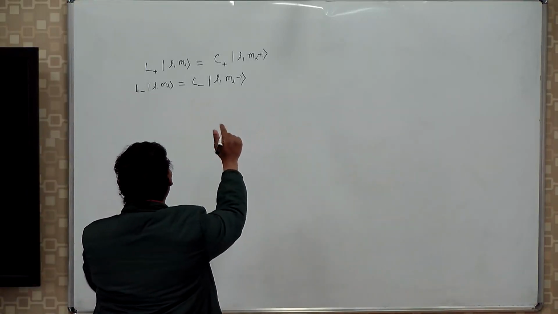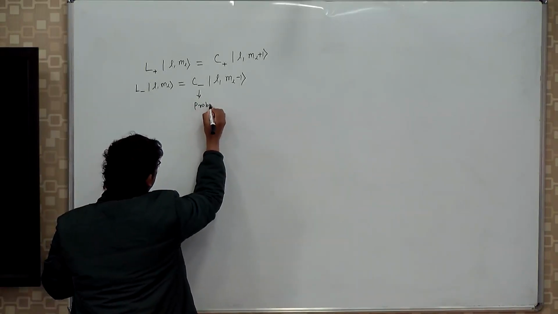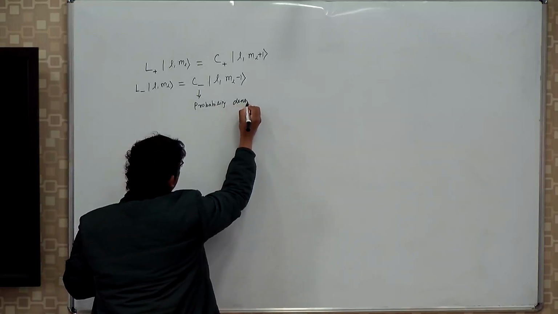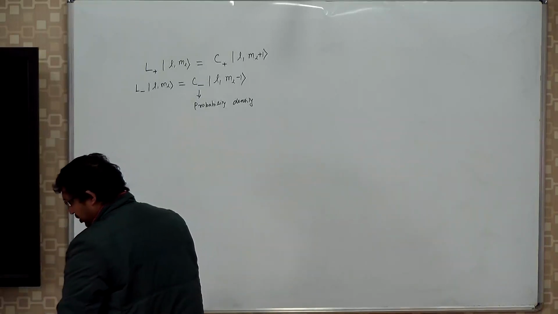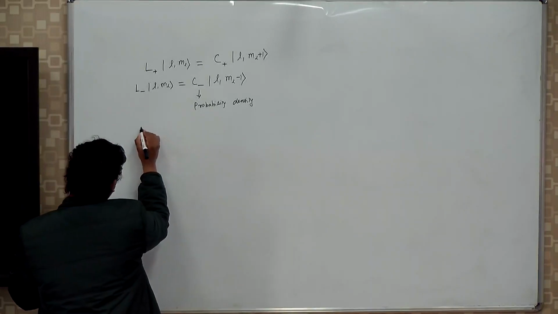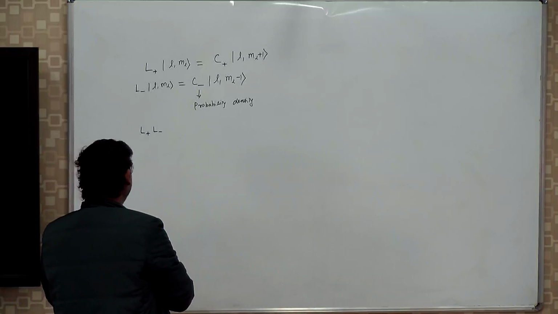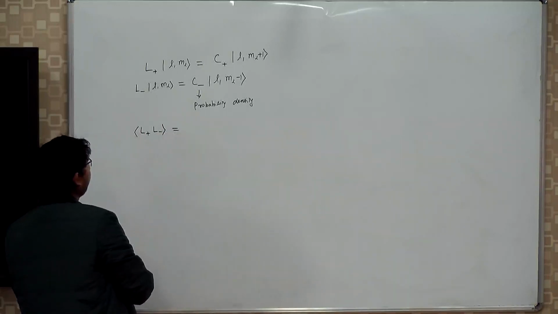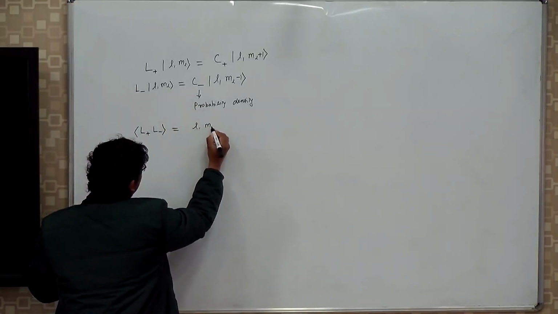For finding the probability density C minus, we have to take the expectation value of the product of L plus and L minus, the composition of L plus L minus, in the state |L, ML>.